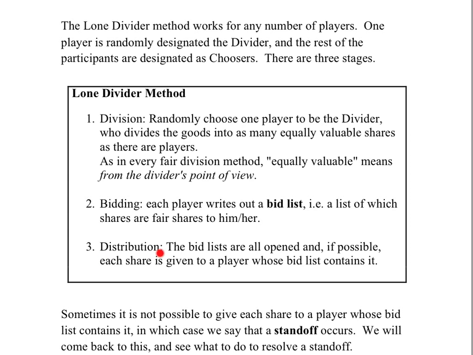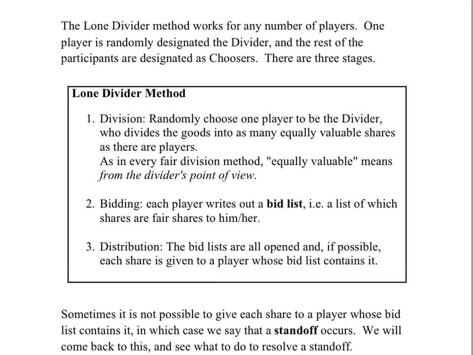Then you get the distribution stage, and that's where the bid lists are all opened, and if there's a way to do it, each share goes to a player whose bid list contains that share. Okay, so everyone should get a share from among those the divider carved up. Everyone should get one share that is on their bid list.